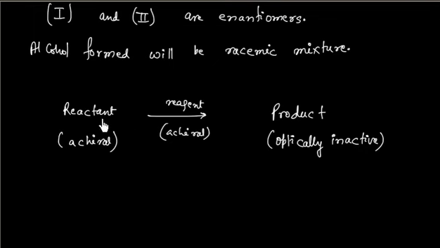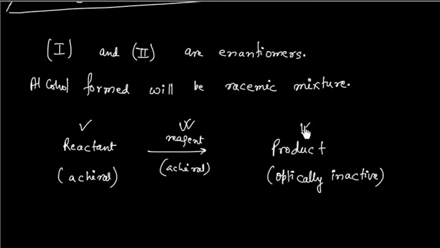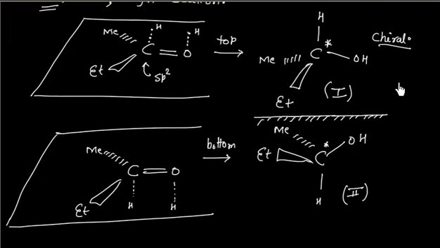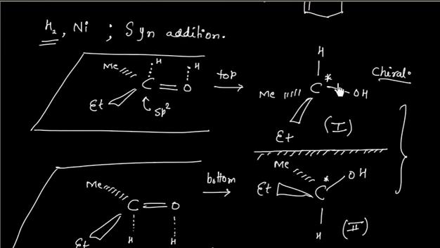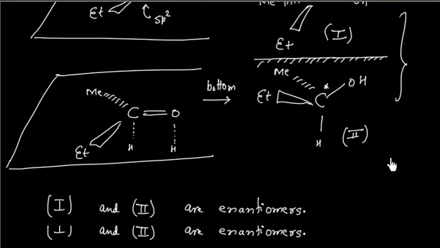So you can remember this rule: if the reactant is achiral, that is optically inactive, and the reagent is optically inactive, the product will also be optically inactive. And this is possible only if I get both enantiomers, that is, a racemic mixture. If I get only one, the mixture will not be optically inactive. If I get both products in equal amounts, then the final solution is optically inactive.